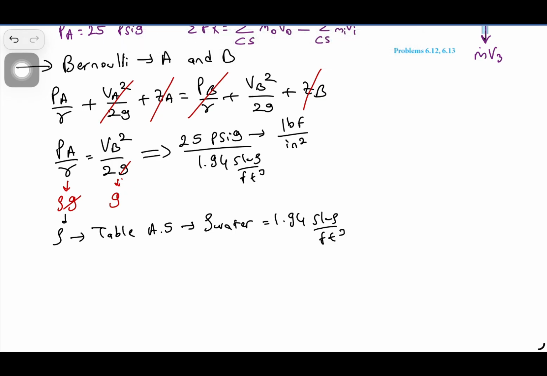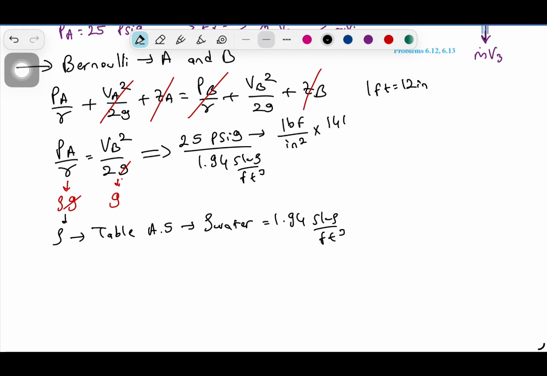And here, since we are dealing with feet, we just need to convert this to feet. So to make it feet, we can say 1 foot is equal to 12 inch. So we have square here, inch square.